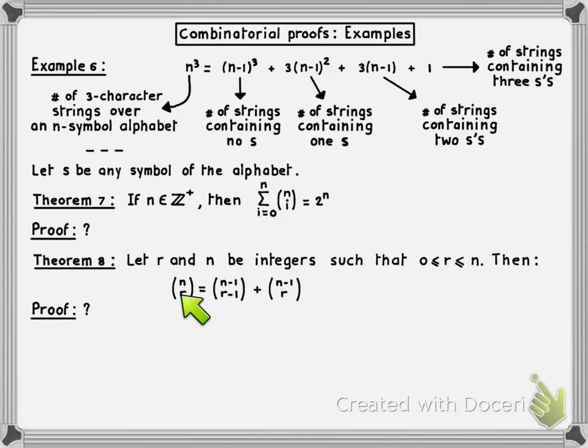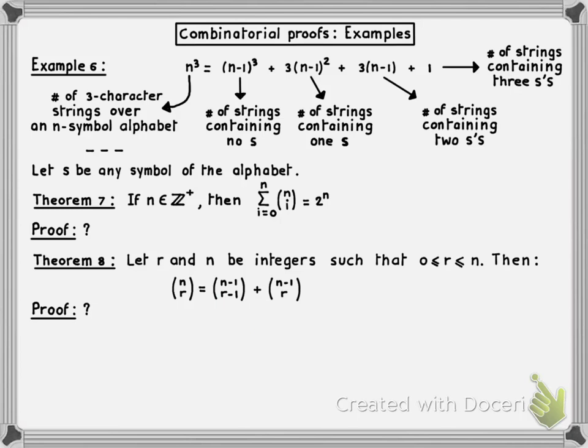Well, you're already accounted for, so there are only n minus 1 students left to choose from. So this number here is the total number of teams of size r minus 1 that I can choose out of a total number of students of n minus 1. And then if I add you to that team, then I have a team of size r. So that explains the first term in the addition here.